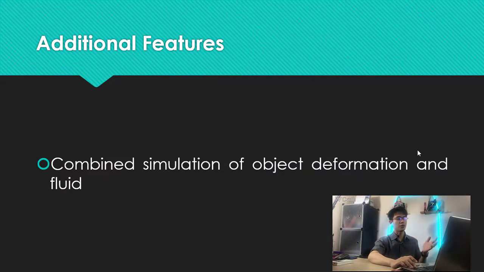So this is my additional feature. This is combined with the fluid. The fluid is the project of my friend, with whom I collaborated and combined it with my research. My research is only focused on deformable objects, and my friend is focused on the fluid, and we tried to combine them.